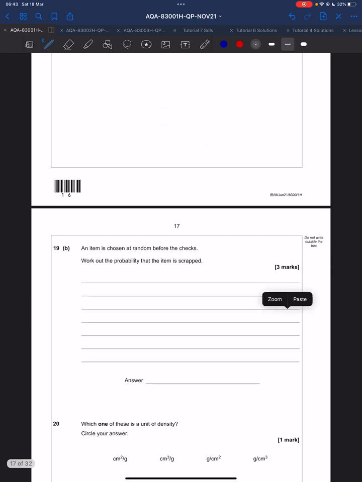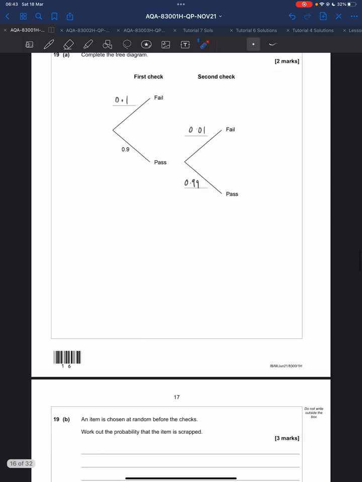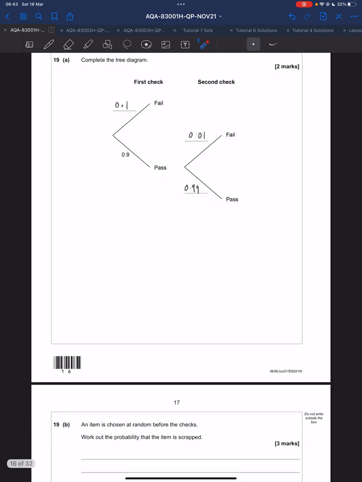An item is chosen at random before the checks. Work out the probability that the item is scrapped. Okay, so now you can't do it as 0.1 plus 0.01.